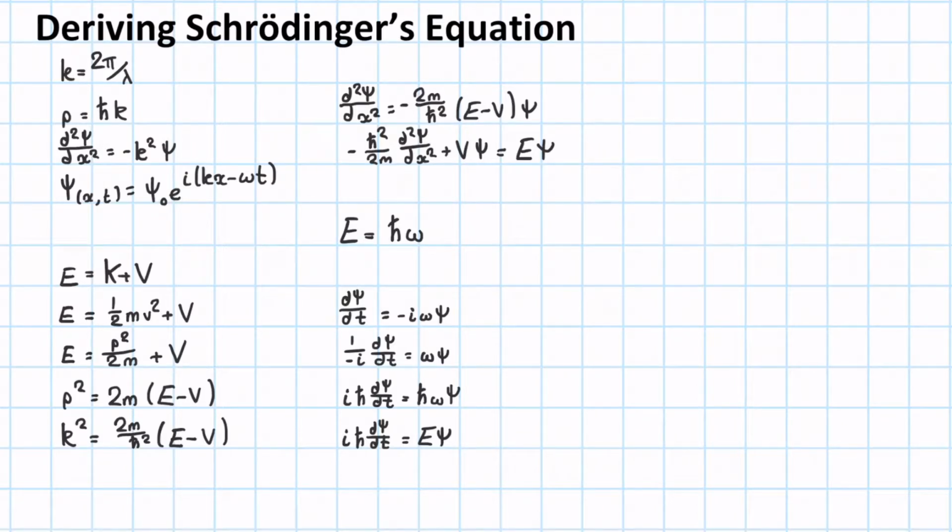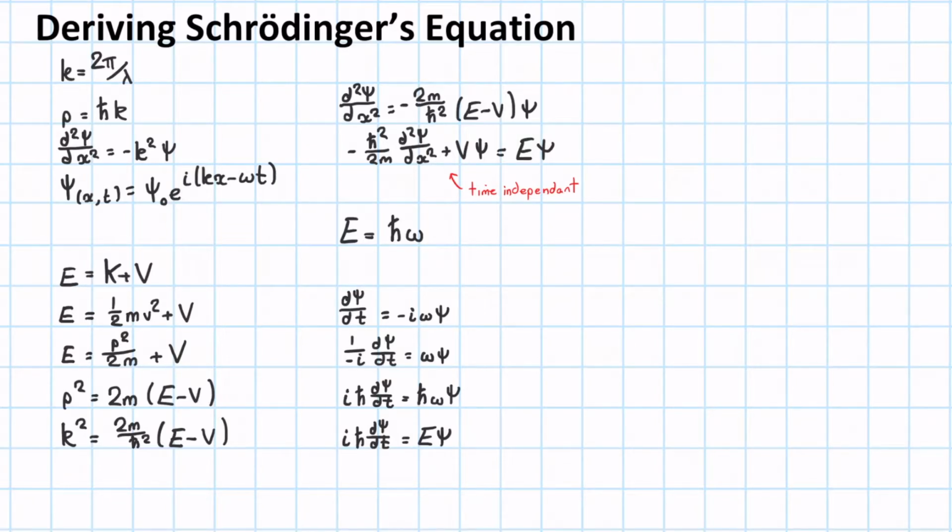And now we can substitute this back into the equation to get the time-dependent Schrodinger equation. So going from the time-independent Schrodinger equation here, we can notice that the following two terms are the same. We have E phi here, and we also have E phi here down the bottom, and we can simply set these equal to each other.